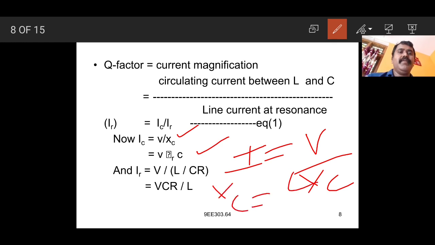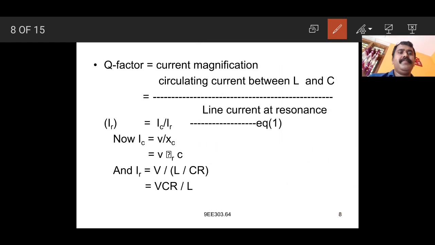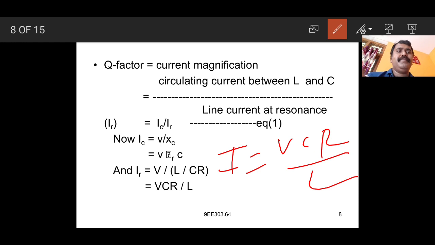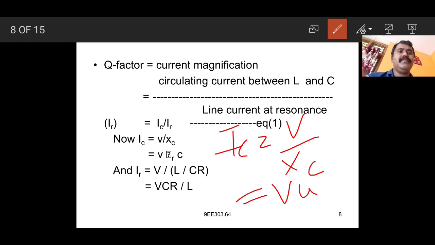XC is equal to L by CR. So if we substitute XC as L by CR, again I is equal to VCR by L. Again IC is equal to V by XC, which is equal to V omega C. So XC is equal to 1 by 2 pi FC, and when 1 by 2 pi FC goes upwards, it becomes V omega C.